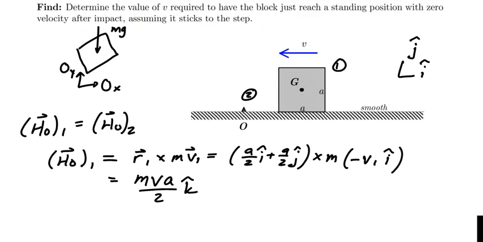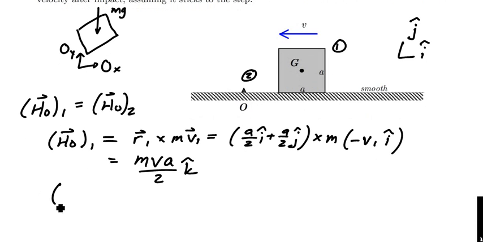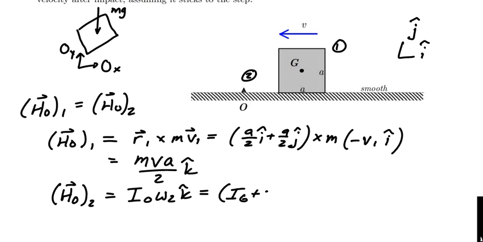Now for the second case, immediately post-impact, it's behaving like a rigid body rotating about point O, so this is going to equal I about O times omega 2 in the k direction. I about O is going to equal I about G of the block plus m times the distance between O and G squared, times omega 2 in the k.